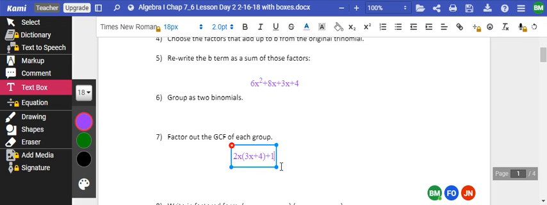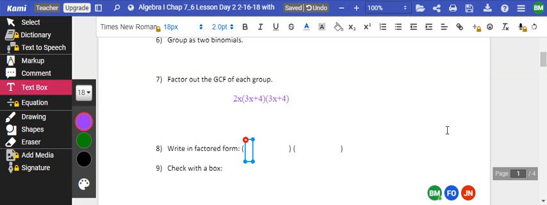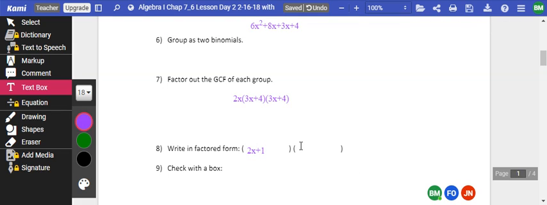And we also have 3x plus 4. So this ends up giving us 2x plus 1 times 3x plus 4.